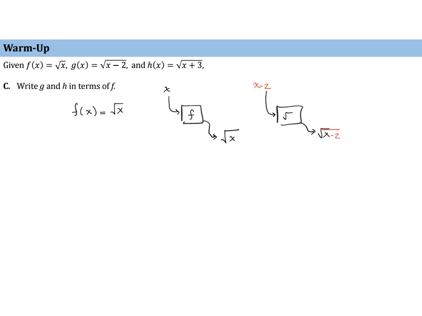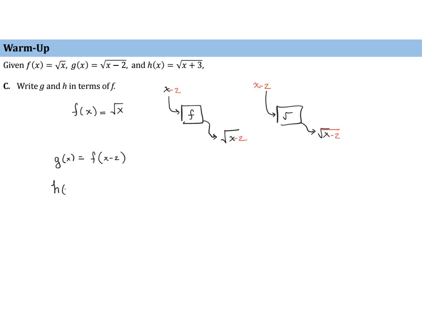That means that if we put x minus 2 into f, we're going to get out the square root of x minus 2. But that is g of x. So in other words, f is just another name for the square root function here. So g of x equals f of x minus 2.